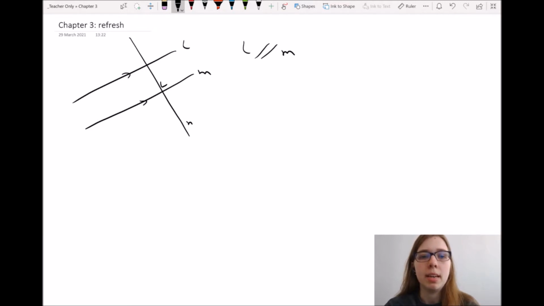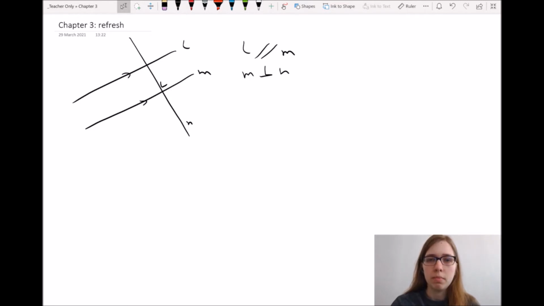And I can say M and N are perpendicular with this symbol. So these symbols are going to come back all the time, and it's going to be useful for you as well to use them to save time so you don't have to write out, L is parallel to M or M is perpendicular to N.